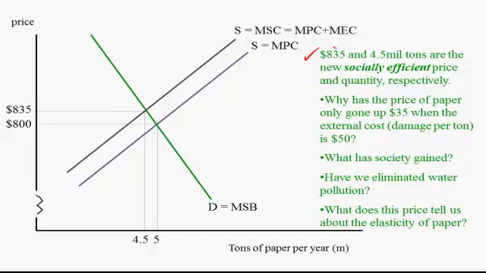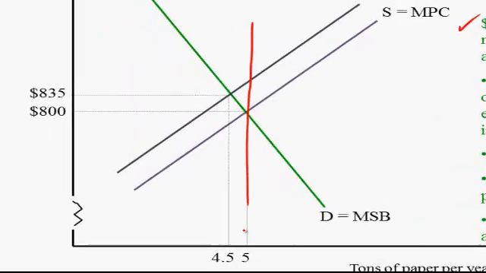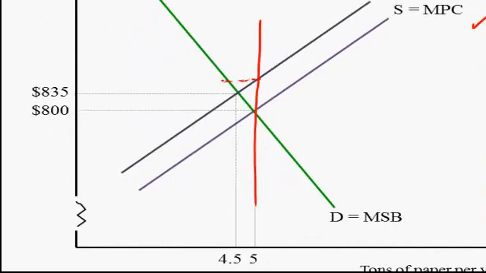Well, the price would go up $50 if people were completely unresponsive in terms of their consumption of paper to a change in price. Meaning if the demand curve was perfectly vertical, a vertical line that went straight down through the equilibrium at 805 million tons, then when we add in the marginal external cost, we can see that the new price would go to $850.